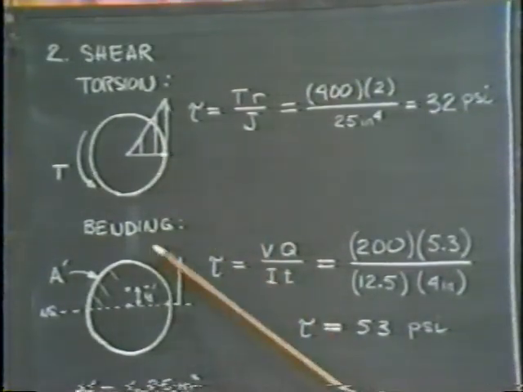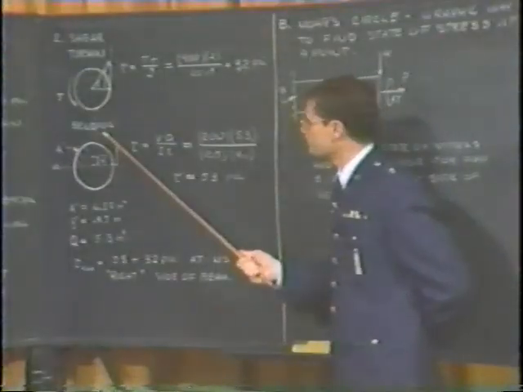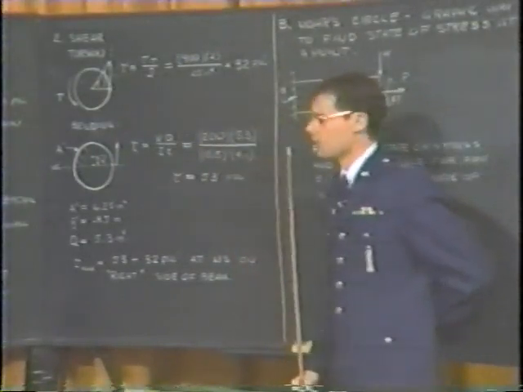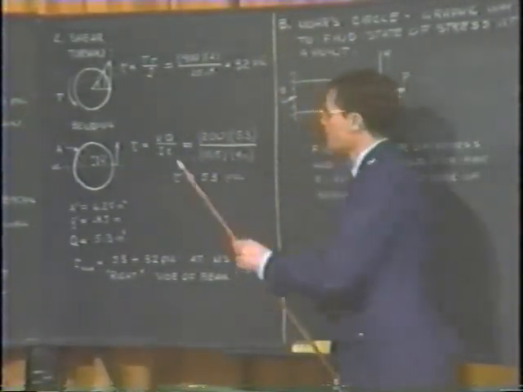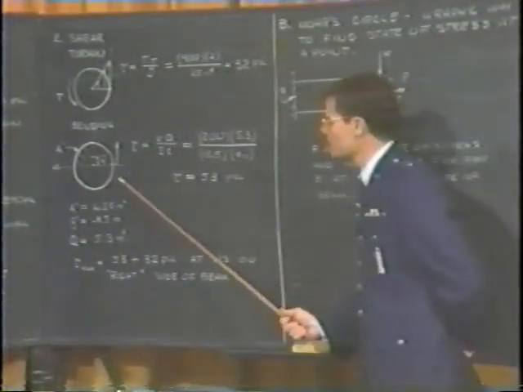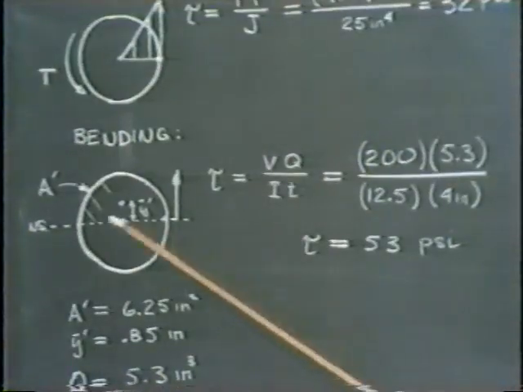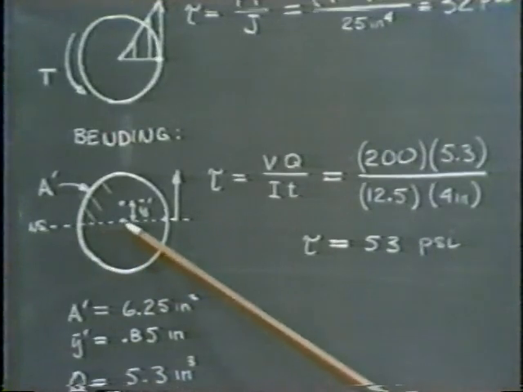Okay. So let's go to bending next. Bending is a little bit difficult to depict its shear stress in a picture here. But here again, I have drawn the cross-section of our beam with the neutral surface passing through the centroid, as it should.